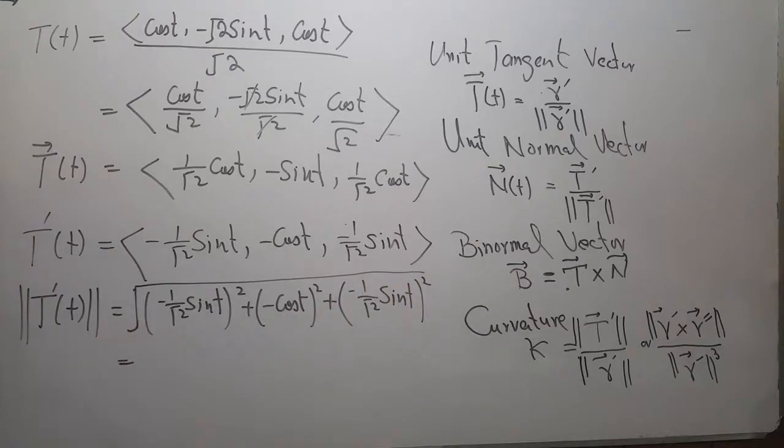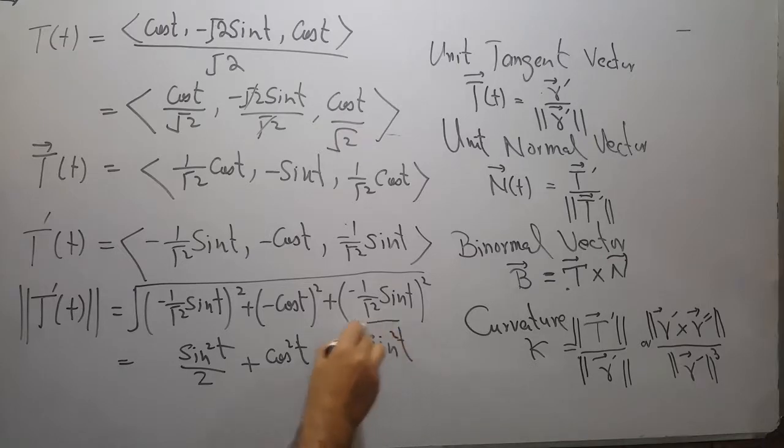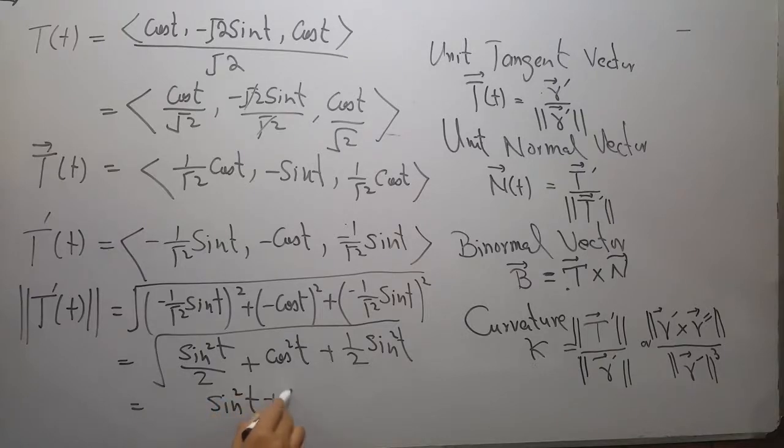This gives us 1 over 2 sine squared t, since the square of square root 2 is 2, plus cos squared t, plus again 1 over 2 sine squared t. And a half and a half, when you add them, gives you 1. So that gives us sine squared t plus cos squared t, and we know that is 1, and the square root of 1 is 1. So our magnitude of T prime is 1.